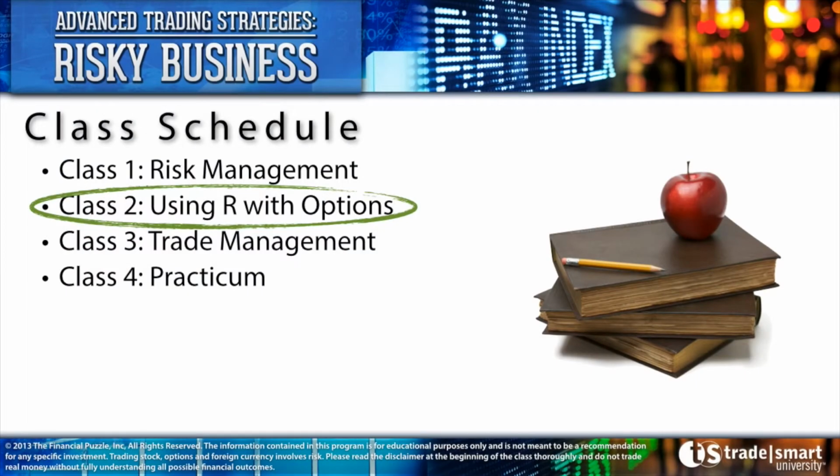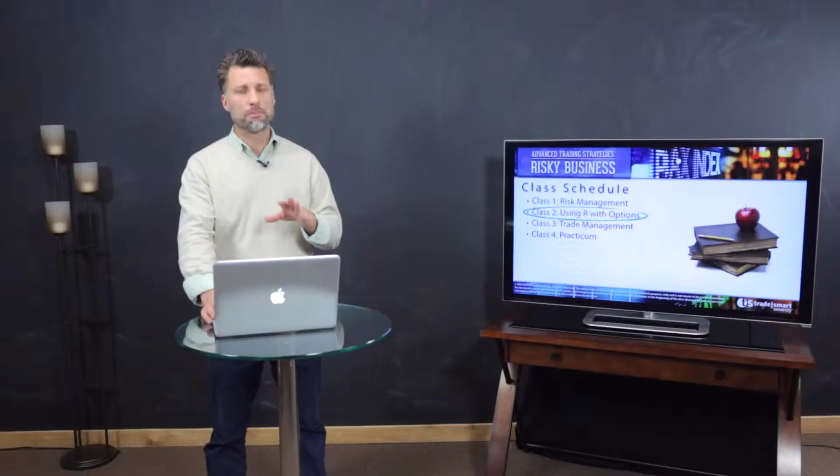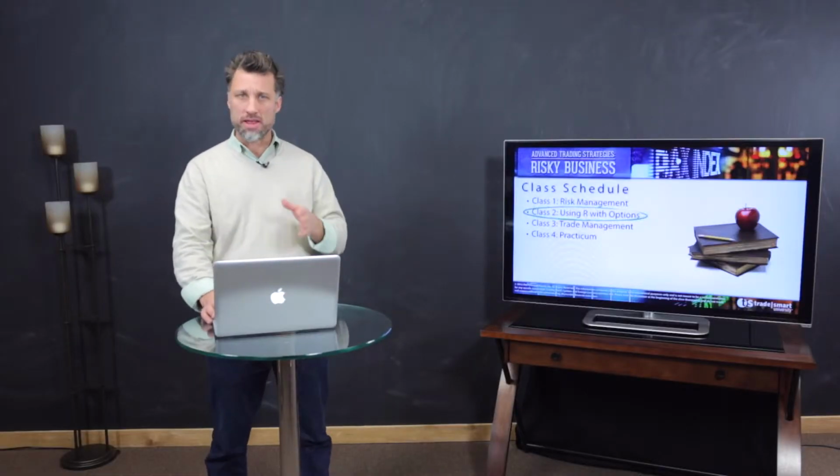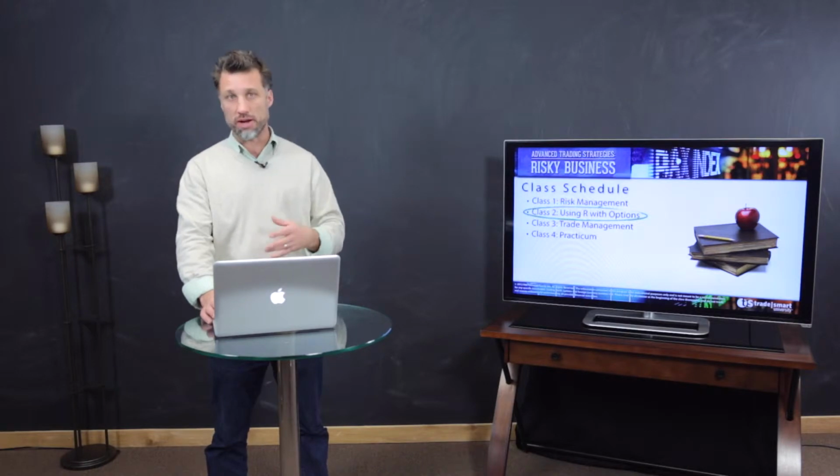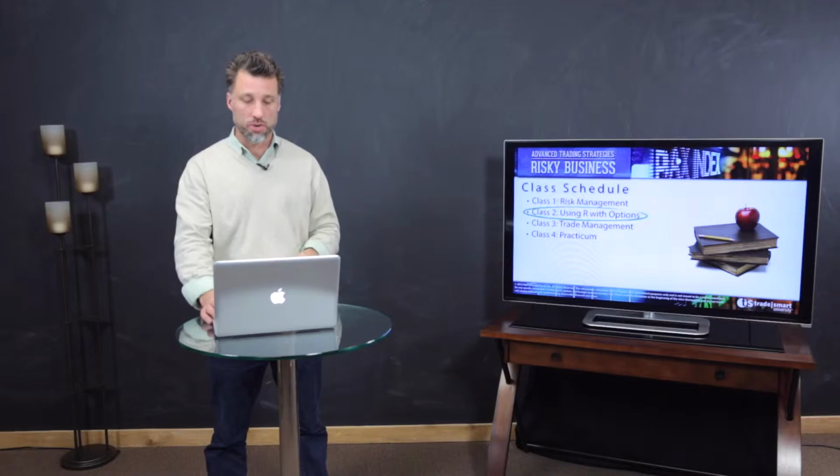Let's talk about the class schedule. We covered risk management in Class 1. Tonight, this second class, we're going to be discussing using R with options, because I found that many Tradesmart University students use options to trade directionally, puts and calls, rather than stock.